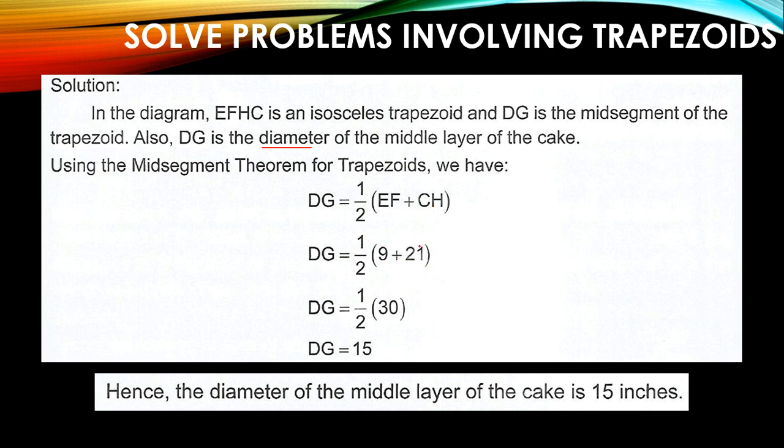Then 9 plus 21 equals 30, times 1/2 equals 15. So therefore, the diameter of the middle layer of the cake, which is DG, is 15 inches. Okay, so that is the final answer.